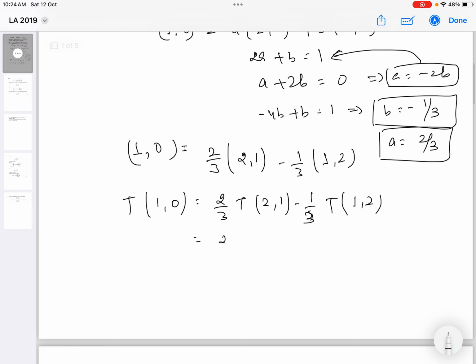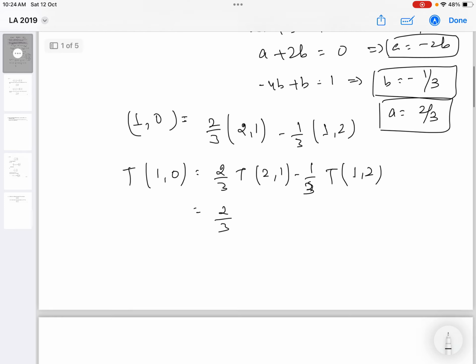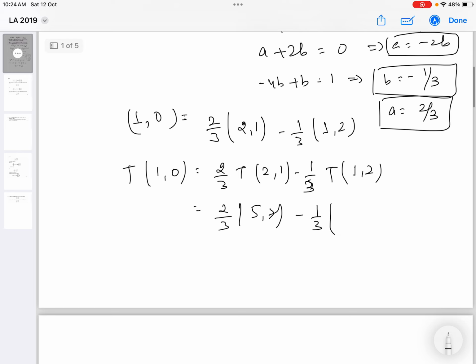So we know that T of (2 comma 1) is nothing but 5 comma 7, and T of (1 comma 2) is 3 comma 3. If we do this, it will come out to be 10 by 3 minus 1, 14 by 3 minus 1, which is 7 by 3, 11 by 3. So this is the transformation with respect to standard basis E1.